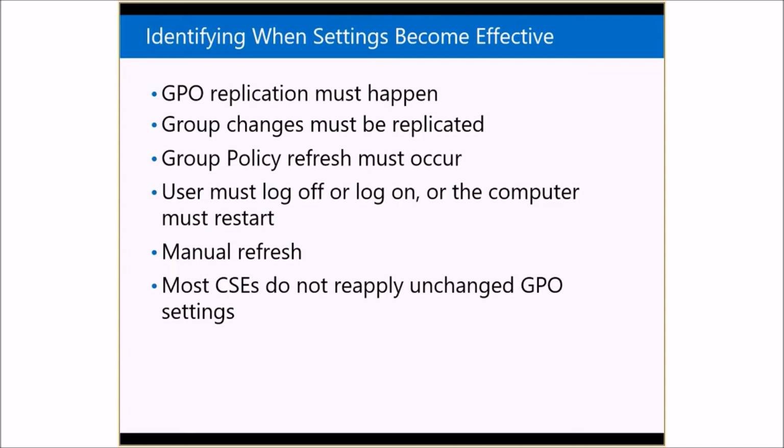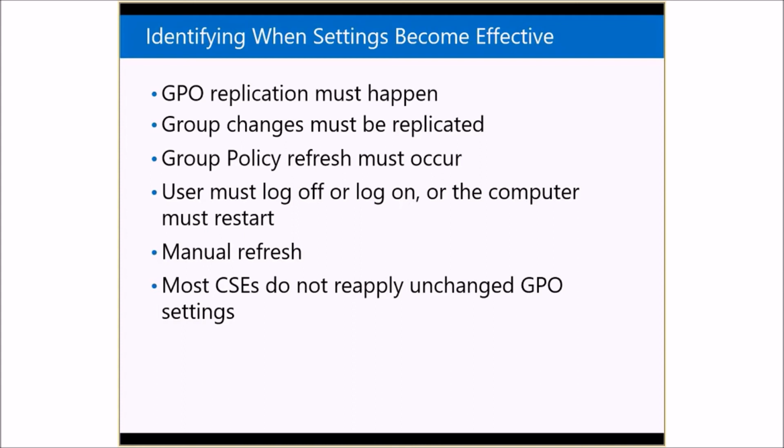Okay, so that's why it says GPO replication must happen before you actually see the effects. So group changes must be replicated. So if you were a member of that GG lecturers group, now I've taken you out and put you in another group, that membership has to be replicated across all the domain controllers first before you get the changes.